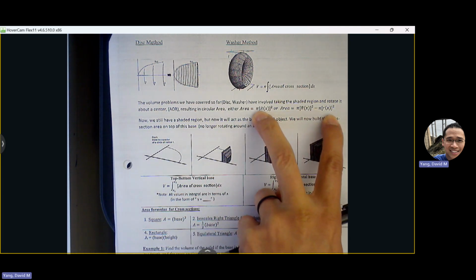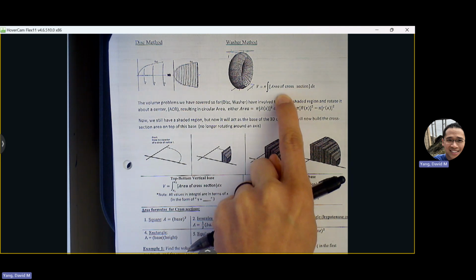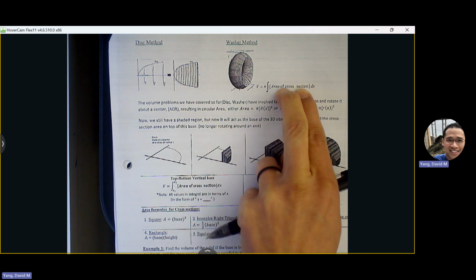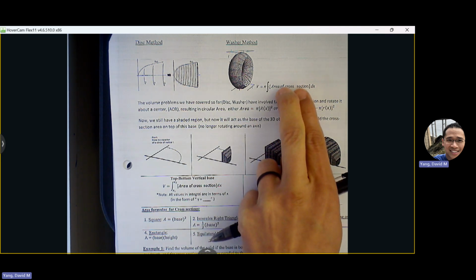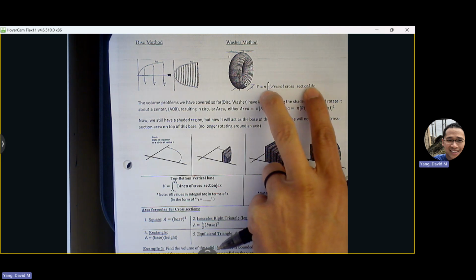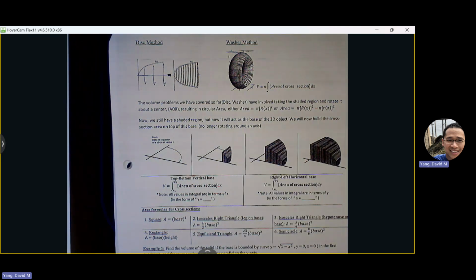So all we're going to be doing is adjusting the area that we want to build. Right now they've been circles, but eventually they could be triangles, rectangles, squares. Once we find the area of that shape that we want to build, we just put an integral with dx around it, and that will accumulate from one end of the boundary to the other.